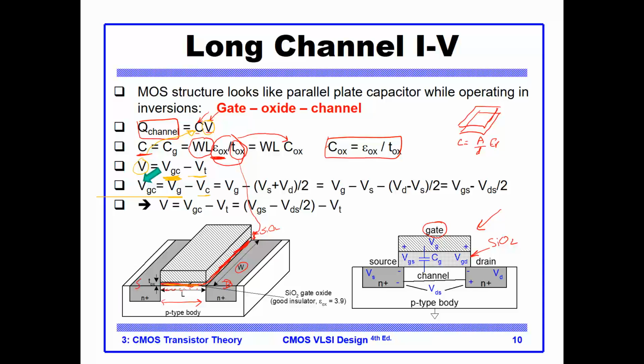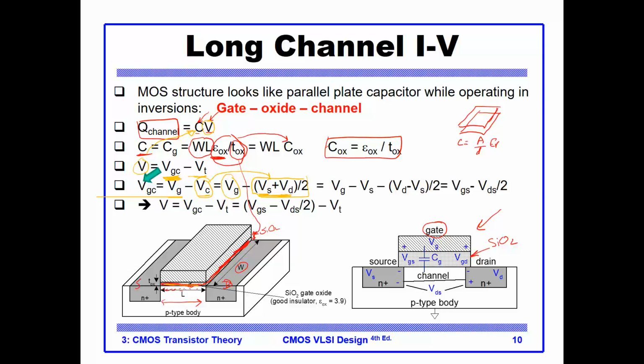We know that the voltage through the gate is VG. We have seen this expression, but what's the voltage across the channel? It is actually the average voltage between the source and the drain. So for this one, we add the source and the drain, and we divide by 2. So this is the average voltage in the channel.